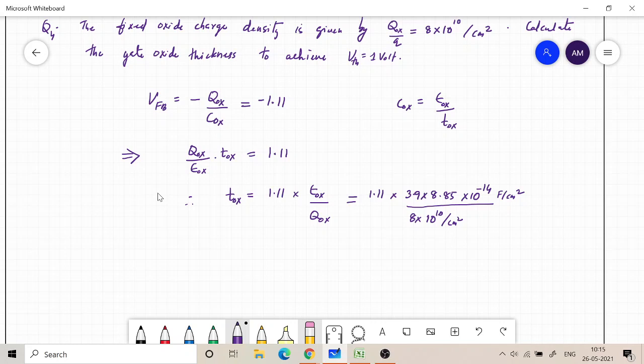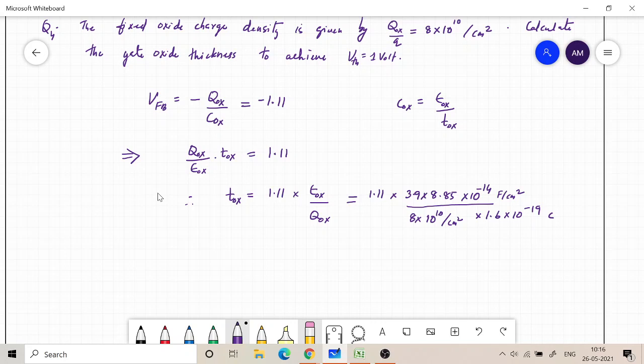Anything else? Okay, so I need to multiply it with q also, so this will be 1.6 into 10 raised to minus 19 coulomb.